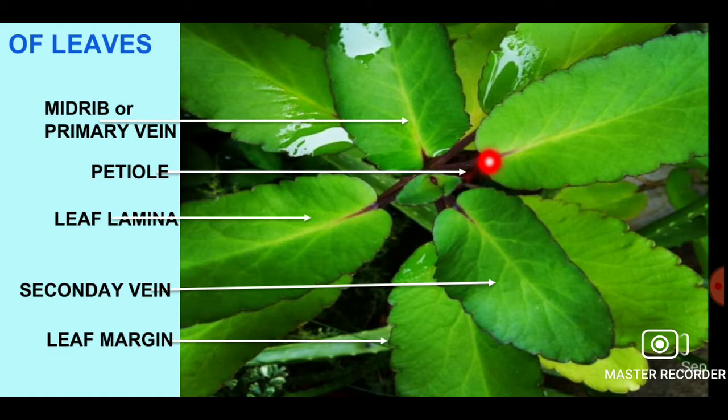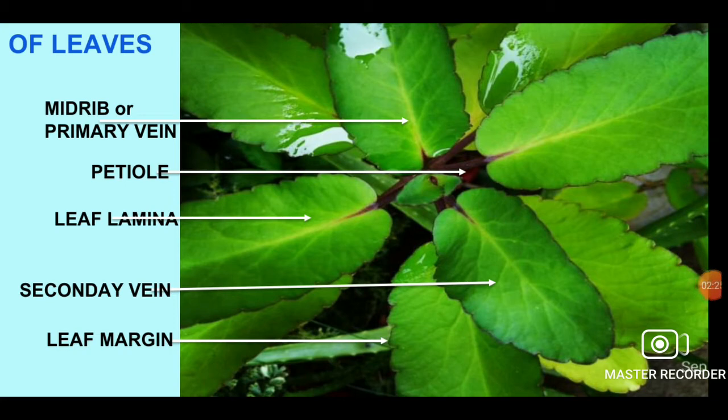Again, if veins arise from the tertiary veins as well, then we will call them quaternary veins and so on. So in leaf lamina we have this midrib, and from the midrib arise several secondary veins, and from the secondary veins can arise tertiary veins as well. So this was our midrib or the primary vein or the middle vein of the leaf.